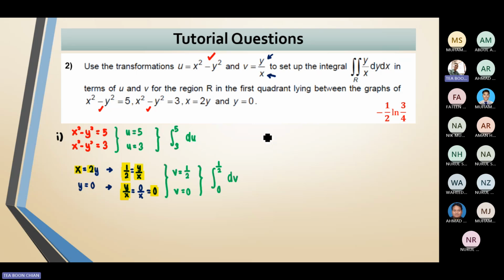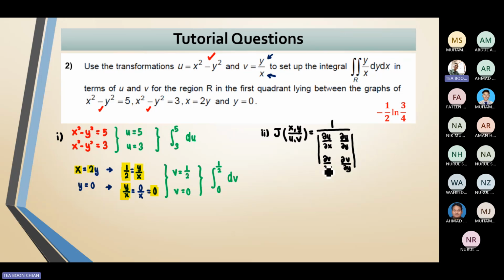Now, second, as usual, we will compute the Jacobian term. The Jacobian term of xy transformed into u and v, by the definition and the formula, should be 1 over the determinant of: differentiate u with respect to x, differentiate u with respect to y, differentiate v with respect to x, and differentiate v with respect to y.